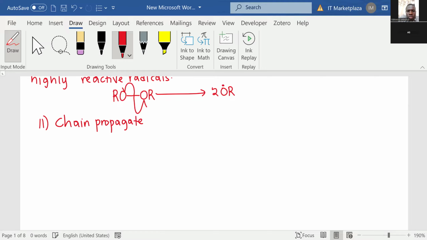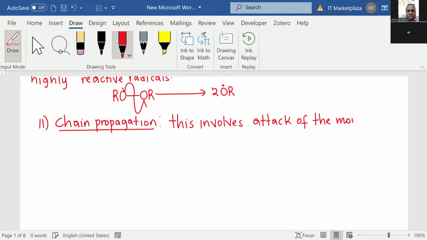To propagate the chain, this involves attack of the monomer.